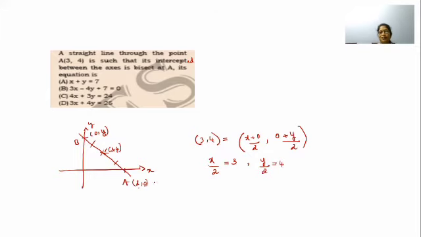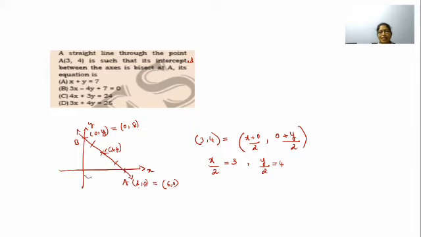So the coordinates of A become 6, 0, and B becomes 0, 8. Now it is a very simple job. A straight line through this point such that it is bisected at A. What is the equation of this line which is passing through A and B?